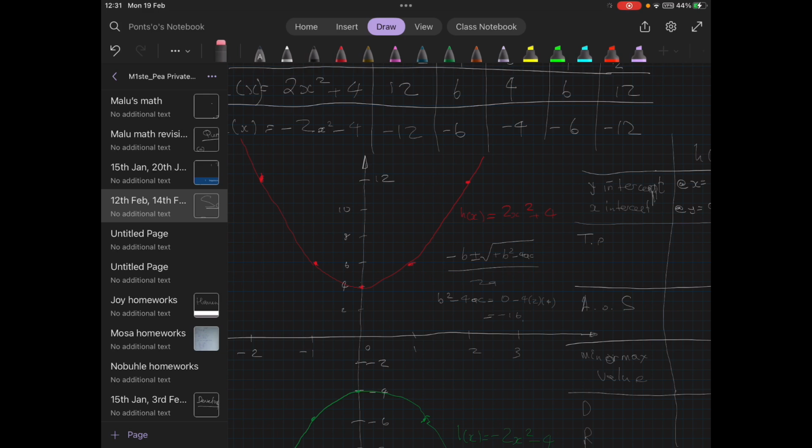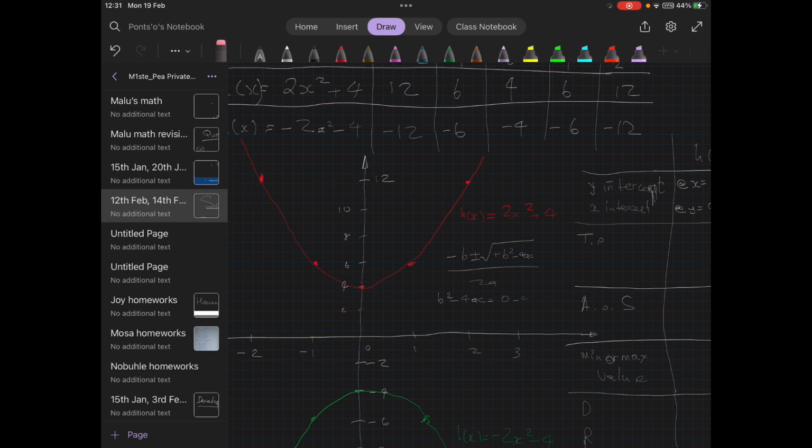Okay, cool. So let me show you a quick way of checking the nature of roots, because our x-intercepts would be the roots, right? I'm just gonna erase this. It's taking forever to erase.